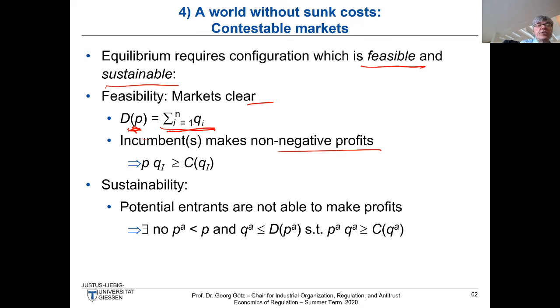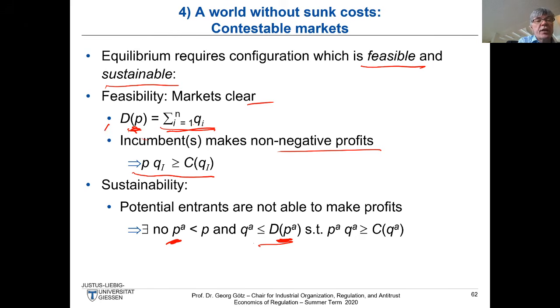And the other point is that the incumbent breaks even, that is, revenue is larger than cost. The sustainability criterion means that the potential entrants are not able to enter the market and make profits. That is, there exists no price PA, smaller than P, at which I could undercut the ruling price and find demand.